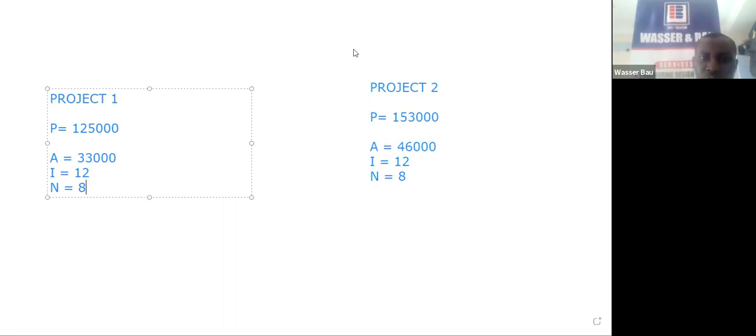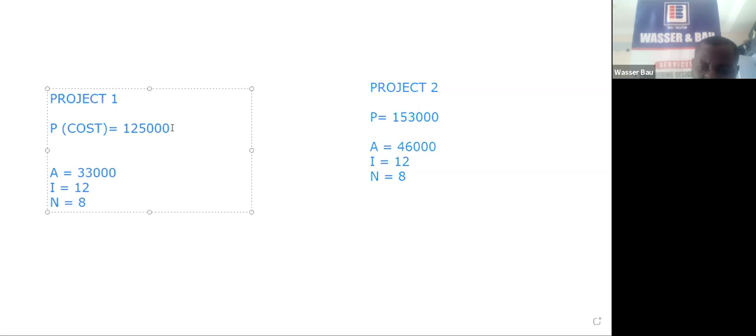That brings us to what we are talking about when we come to net present value. This P you have here is what we call the P of cost. We are now looking for P of savings.